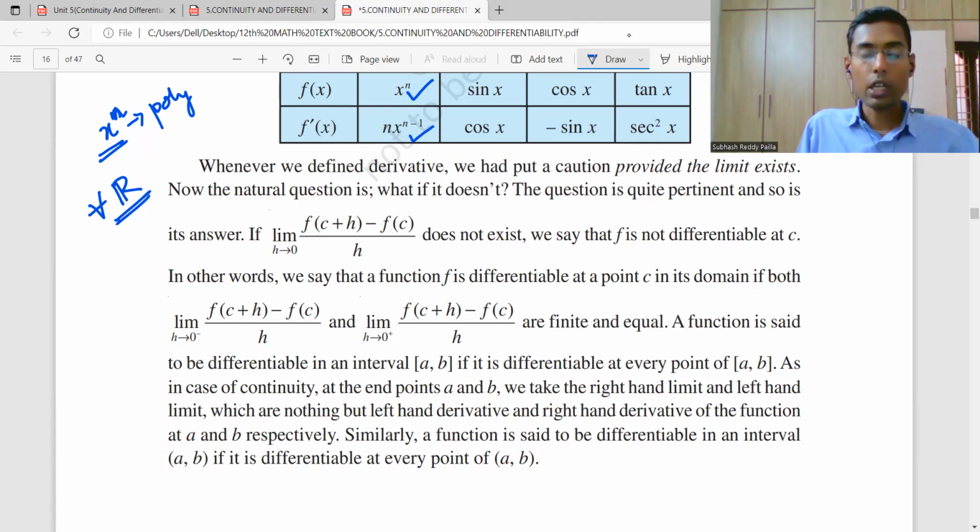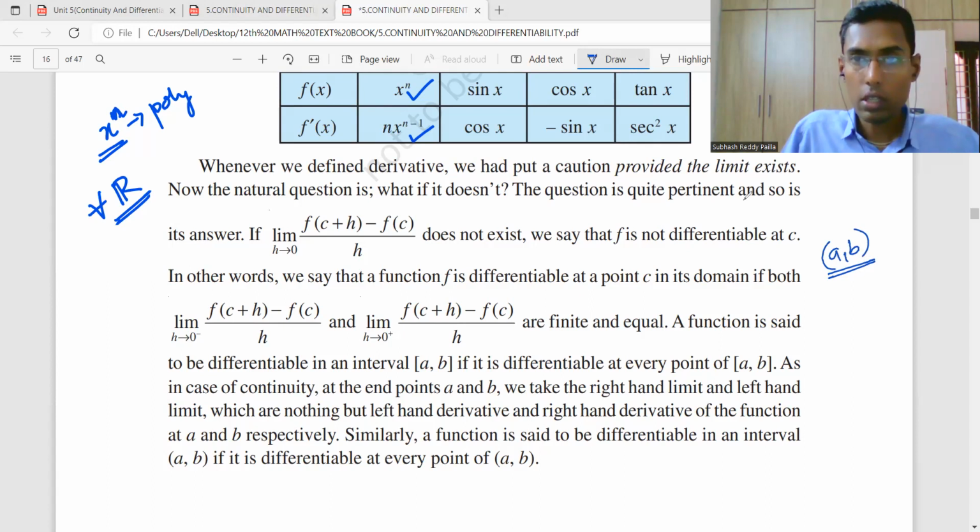Therefore the conclusion is that if you are able to find differentiation at a point c, then it is differentiable at c. And if you are able to find differentiation at each and every point in an interval, for example from a to b, then it is called differentiable in this interval.